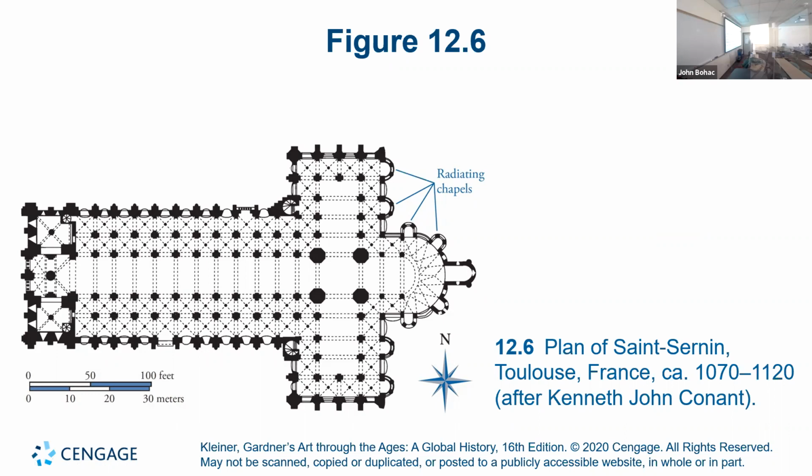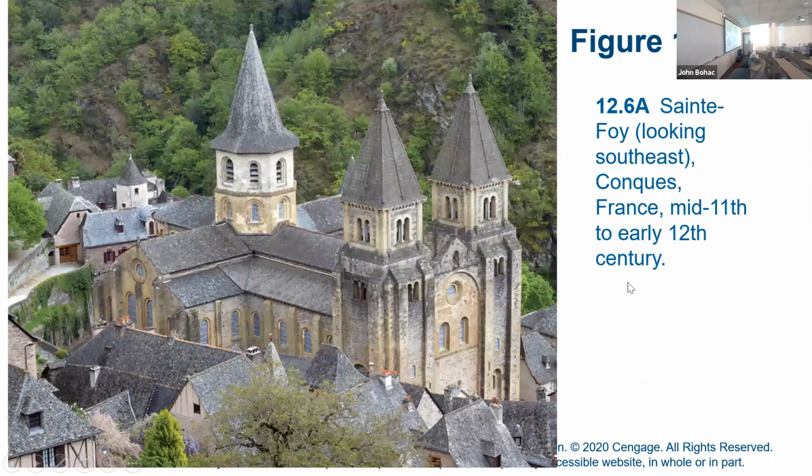That won't stay the same in the next few centuries, but it will influence a lot of things that'll happen in Italy at the time: the idea of having the whole building itself resemble a crucifix.